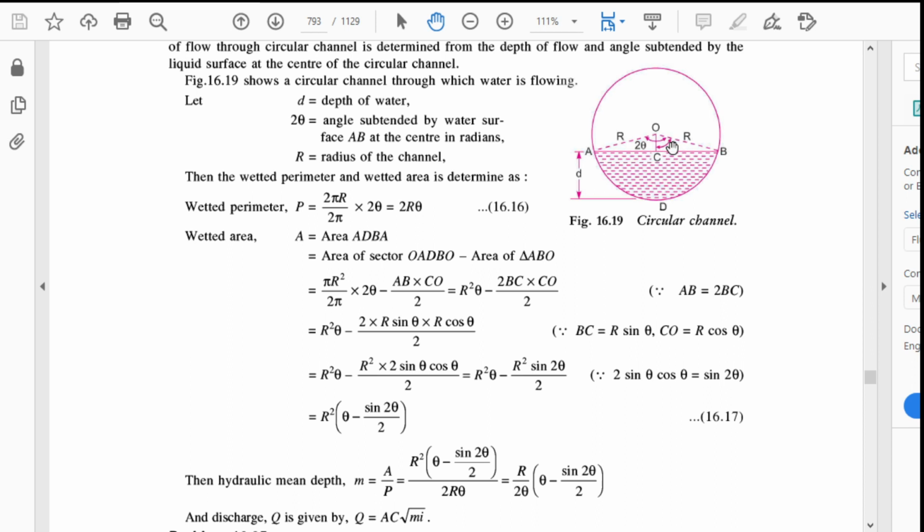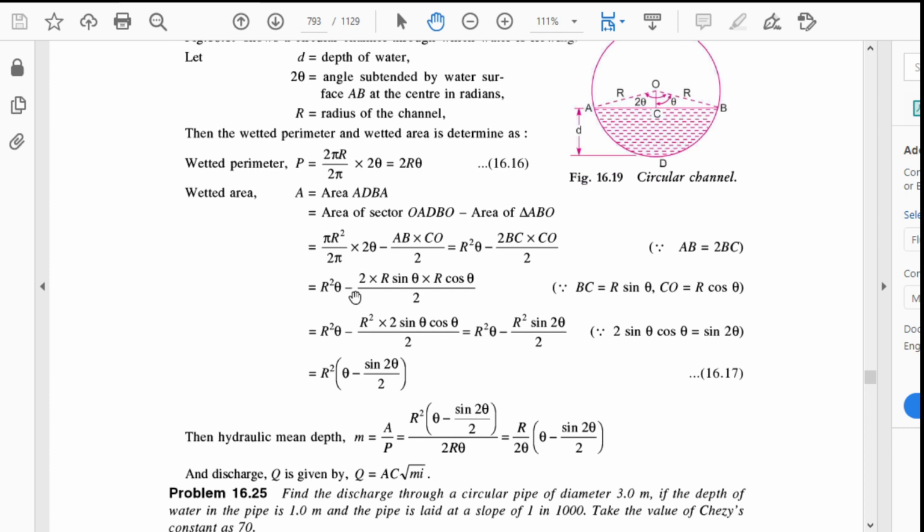So BC will be r sine theta and OC will be your r cos theta. So here I have written r sine theta and r cos theta.